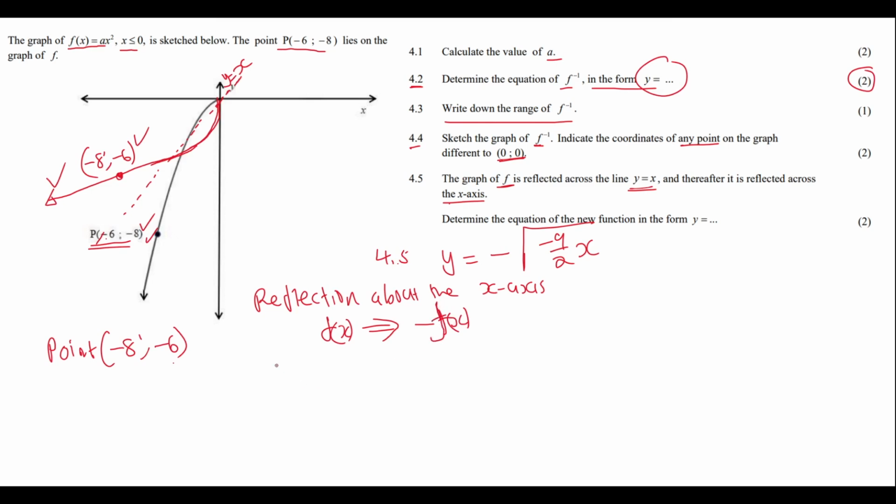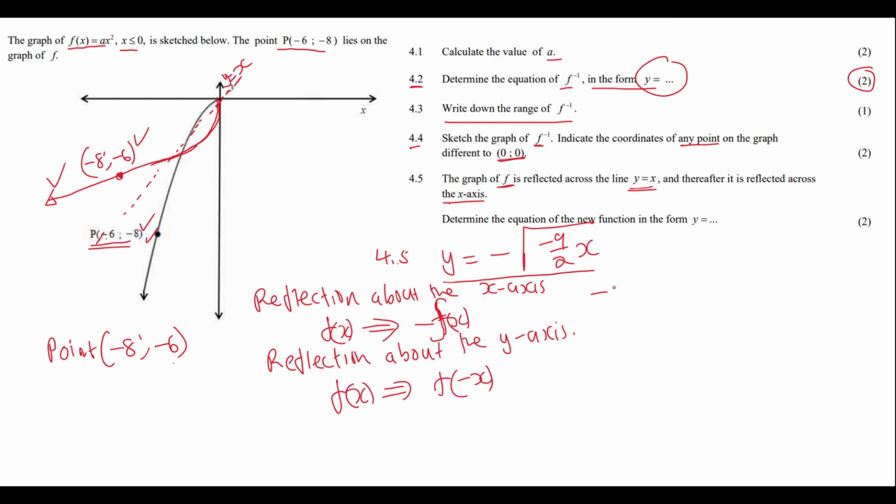And then reflection about the y-axis. Remember that f of x becomes f of negative x. Where there's x, you put negative x. This applies to all functions, even trig functions. Right, so here we have this function being reflected about the x-axis, meaning that y becomes negative y.